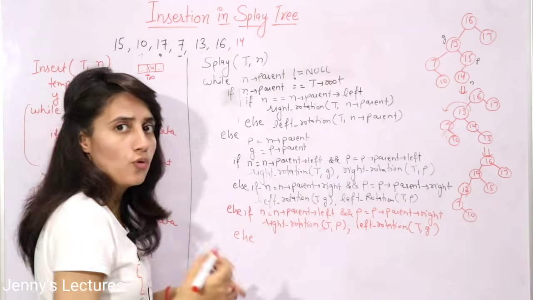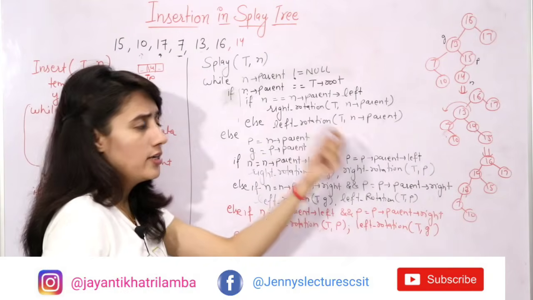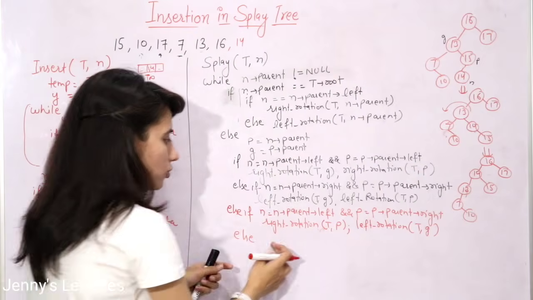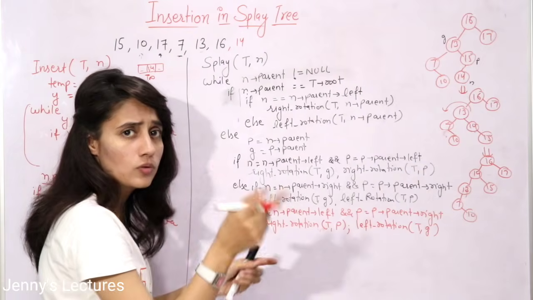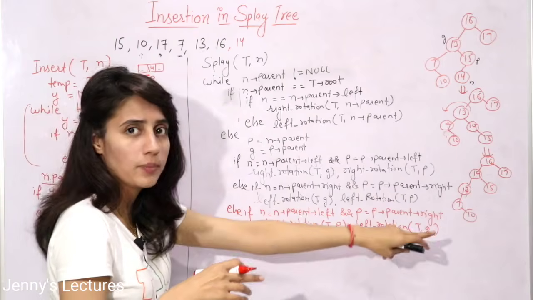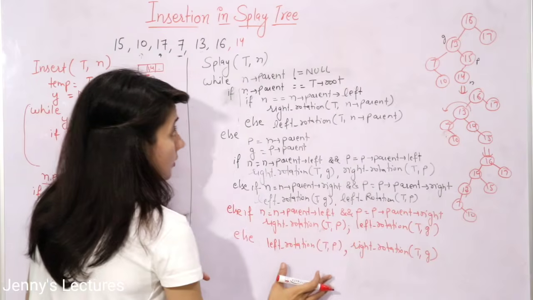Else the fourth case is the only left case: N is the right child and parent is the left child. So in that case no need to write down that condition. Simply first of all we will do left rotation on parent, then right rotation on grandparent, opposite to this case. So this is the algo for splay.